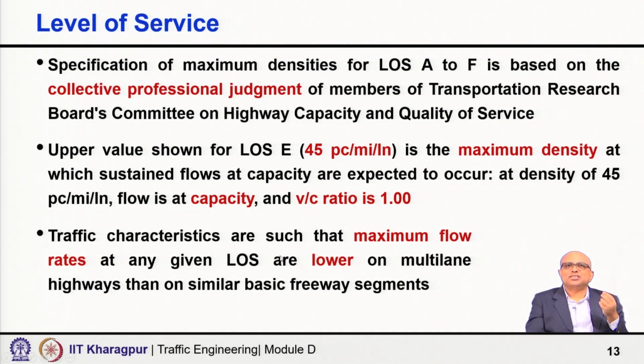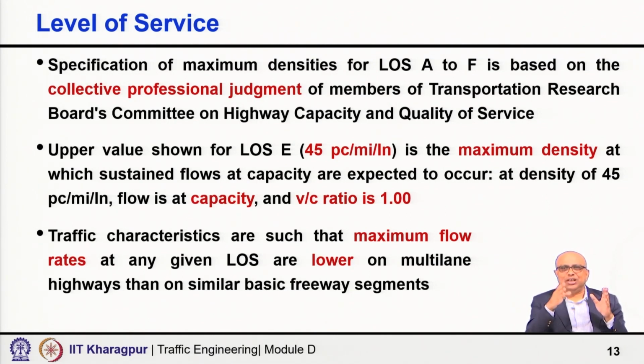Traffic characteristics are such that maximum flow rates at any given LOS are lower on multi-lane highways than on similar basic freeway segments. So, in both cases the LOS is defined based on these threshold values of density.